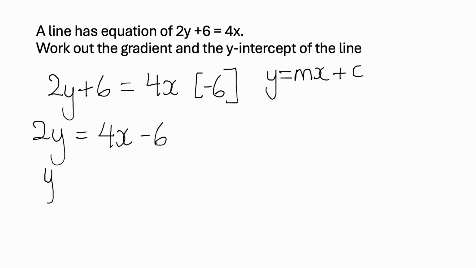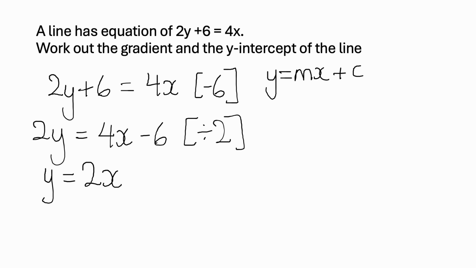We don't want to know what 2y is. So what we're going to do is divide both sides by 2. By dividing both sides by 2, we're essentially going to divide the 4x by 2 and the negative 6 by 2.